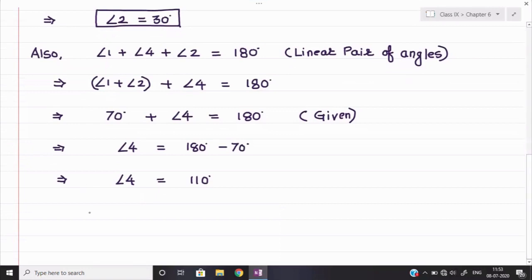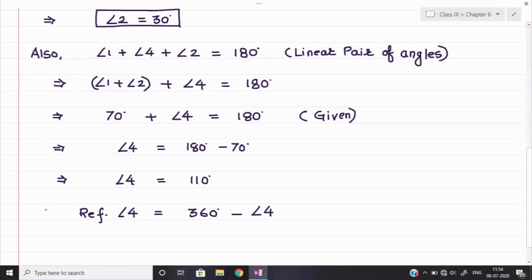Now its reflex, how shall we find out? We will write here reflex angle 4 will be equal to 360 degree minus angle 4. Means if I want to find the reflex of angle 4, I just need to subtract it from 360 degree. If a second time you require the reflex of angle 2, subtract it again from 360 degree.